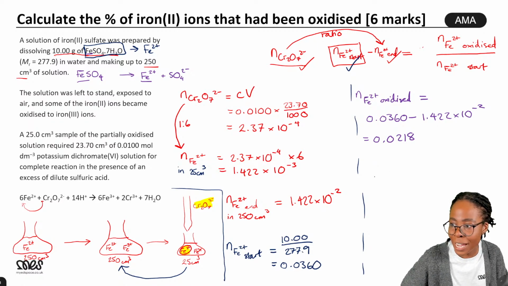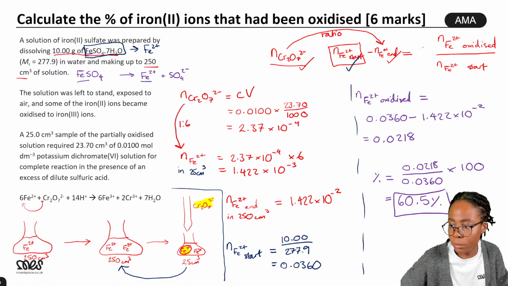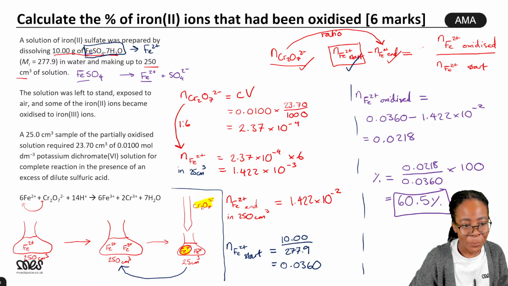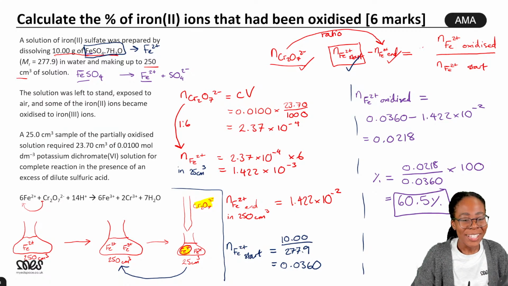So now to find our percentage by mass, we take 0.0218 divided by our moles at the start, 0.0360, multiplied by 100 to give us 60.5%. Of course. Okay, not too bad. 12 marks.